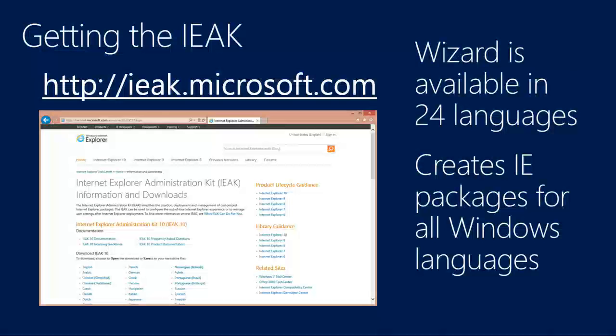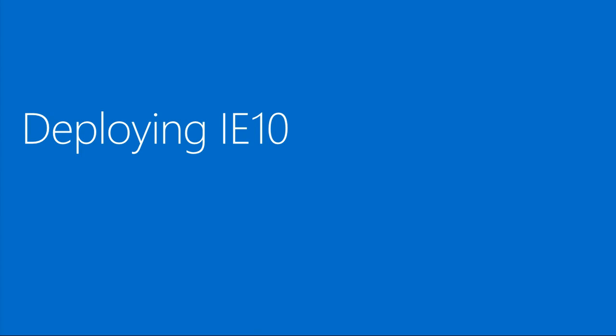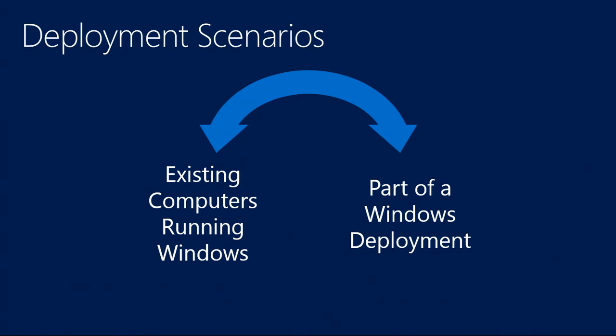All right, as I mentioned before, getting the IEAK, ieak.microsoft.com. I wanted to include this in the slide and in the resources so that when you download the slides, it's a little bit easier for you to go to. Now let's talk about deploying IE10. There are really 2 different scenarios that you might fall into.